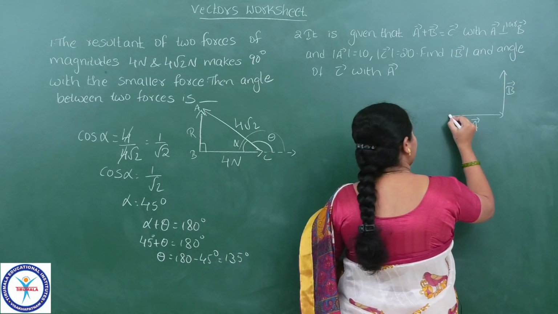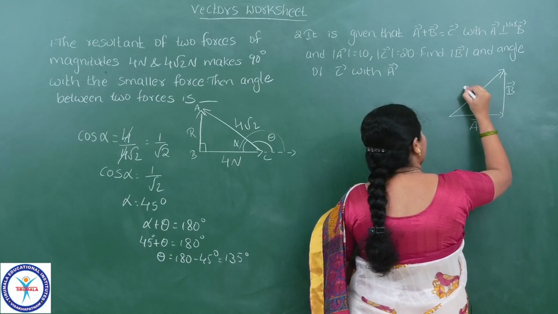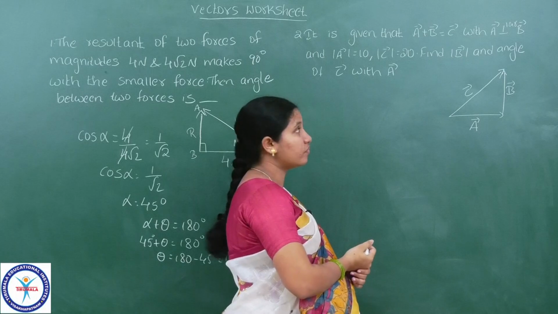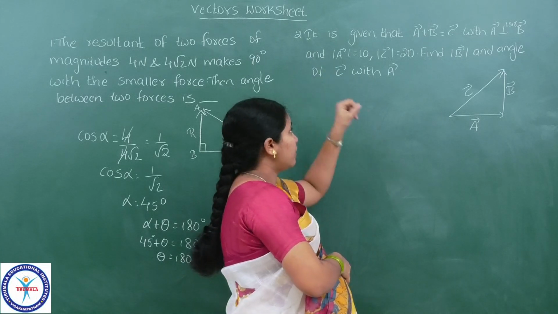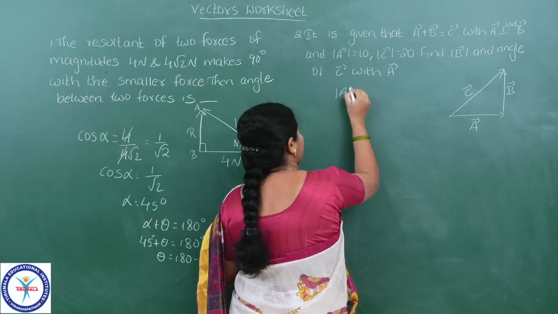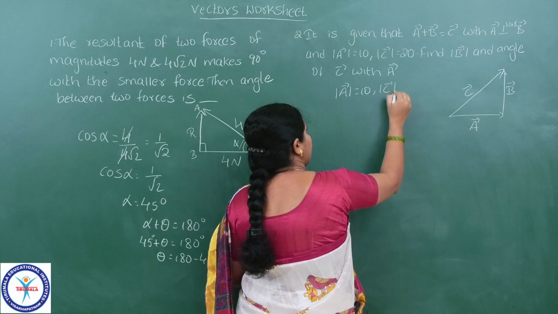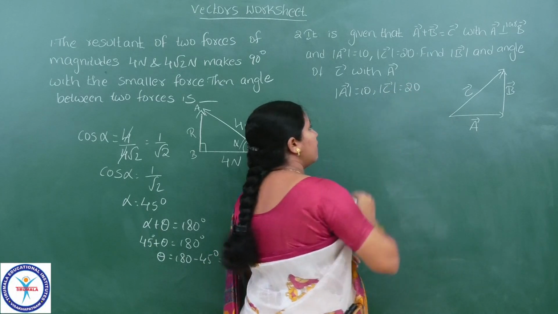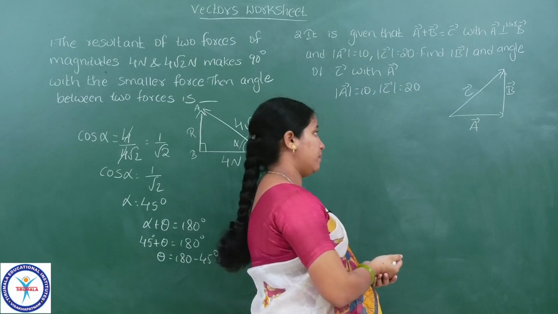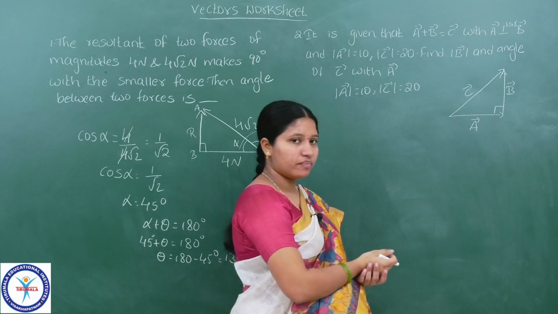It will be from the tail of A bar to the head of B bar. Let this be C bar. The magnitude of A bar is given as 10 units and the magnitude of C bar is equal to 20. Find the magnitude of B bar and the angle of C bar with A bar.